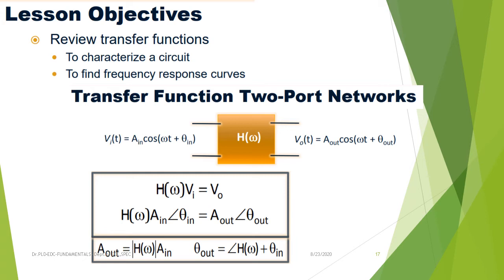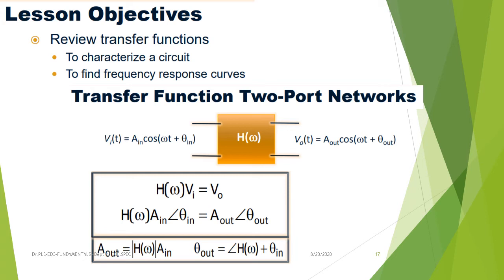So how can we relate input voltage and output voltage with the transfer function? H of omega times V_in is equal to V_out. That is, the input voltage multiplied by the transfer function is equal to the output voltage. That's the meaning of this equation.